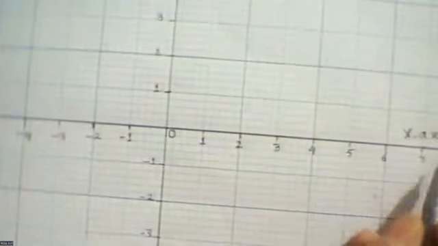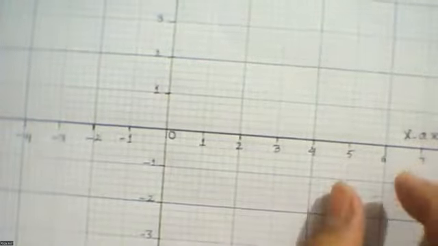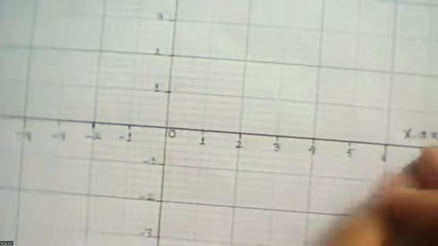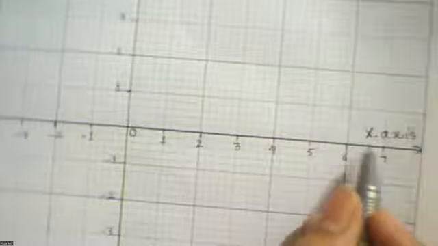Now we are able to draw the graph for both the equations. Student, in this graph, we have drawn a horizontal line for the x-axis and negative x-axis, right?